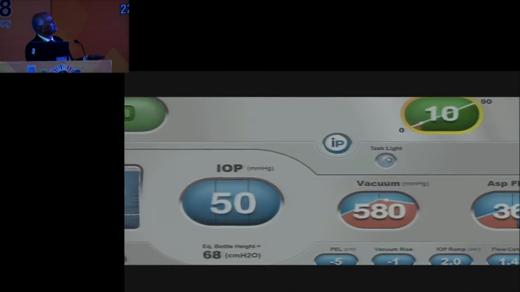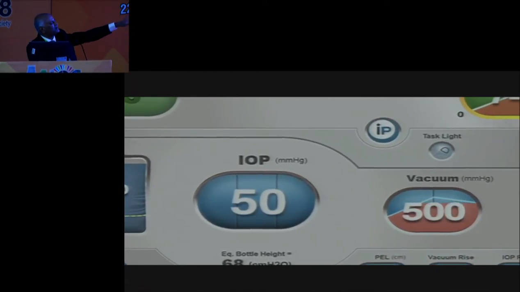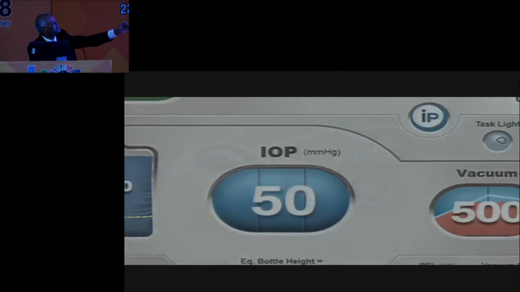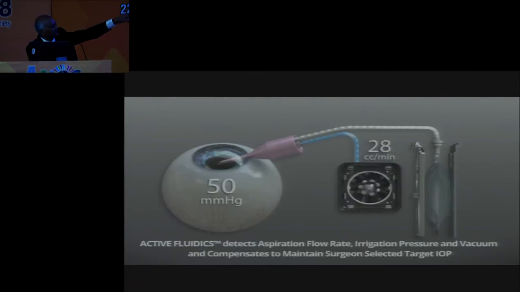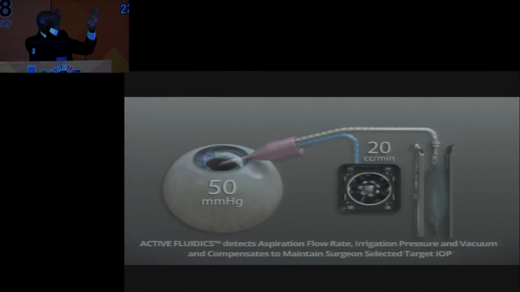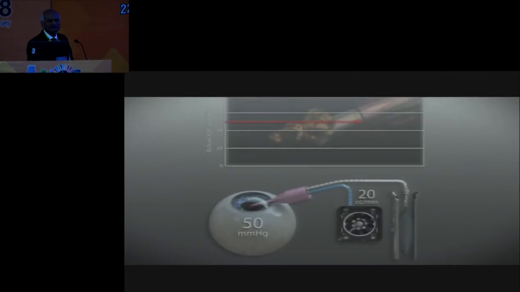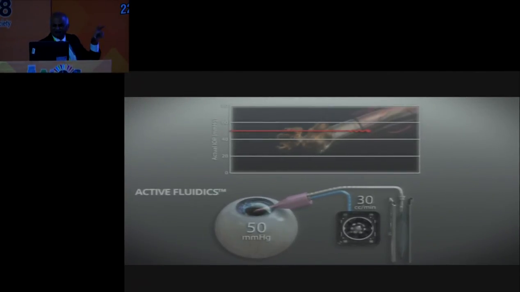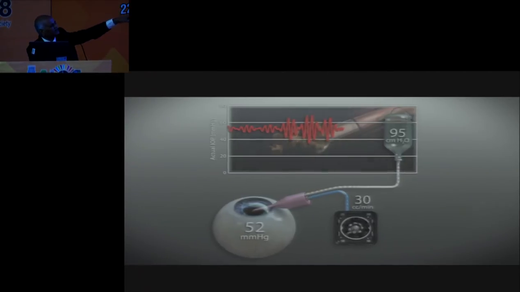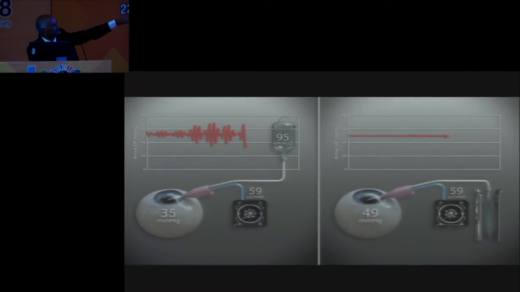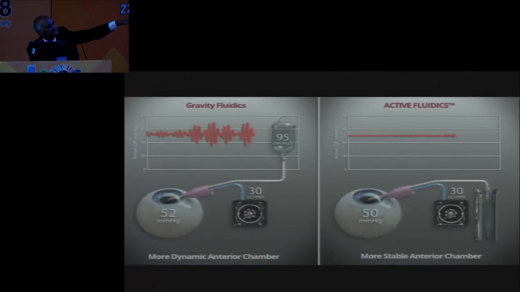Now here you will again see the vacuum and the IOP. If you have kept the vacuum at 500, then here again you can see the 50, and you can see the bottle. The bottle is bound on both sides, they compress the bottle. That compressed bottle, compared with gravity fluidics, where the millimeters of mercury change whatever you do, is the compressed bottle technology, that is active fluidics.